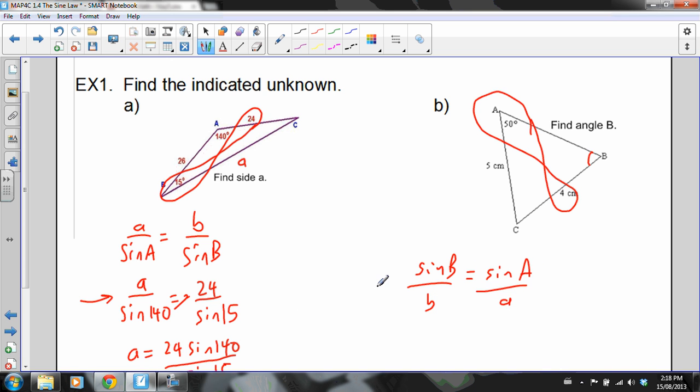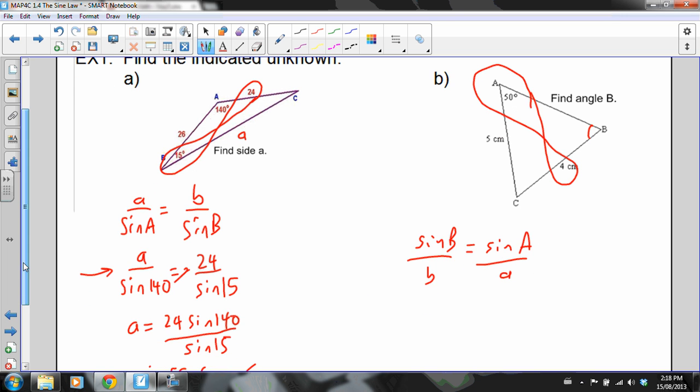And again, some people aren't writing down this step. You can skip to the substituted step if you're not making any mistakes. Sine B over 5 equals sine A, which is 50, over side A, which is 4.